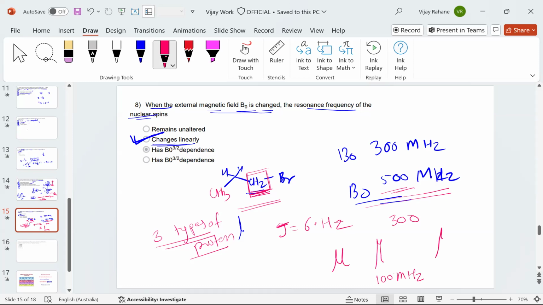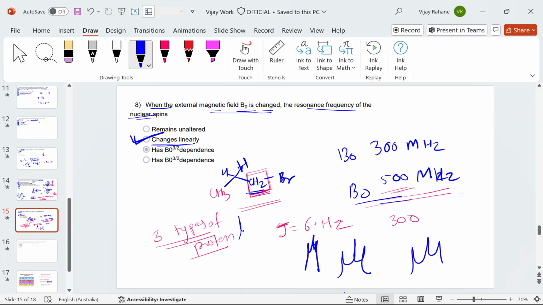So this will be a triplet, not a doublet. With the higher resolution, you get a more and more resolved spectrum if you go with the higher resolution NMR instrument. So that's the reason it increases linearly.